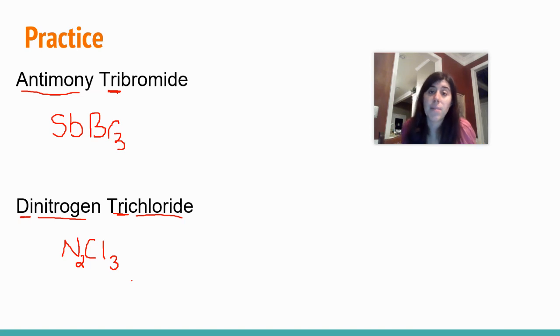So that identifies my formula. Dinitrogen trichloride is really N2Cl3. The prefixes identify what subscript your element has. There is no switching. It's just straightforward name and prefixes. And that's it. That's all you have to do for covalent nomenclature.